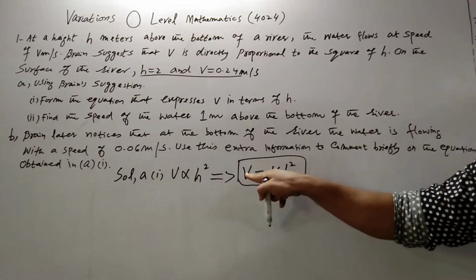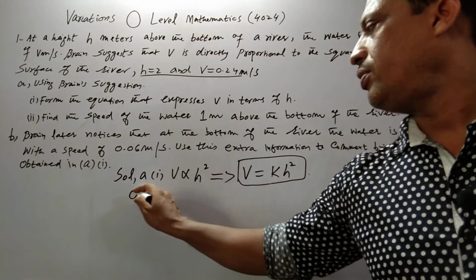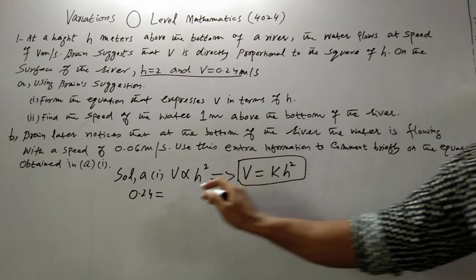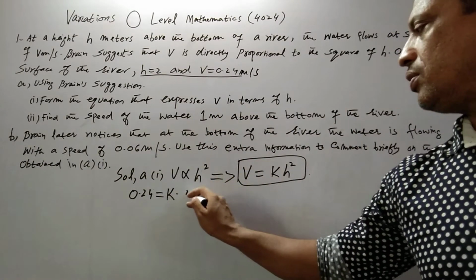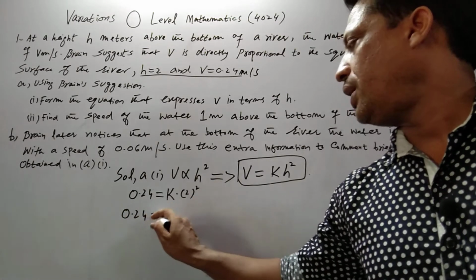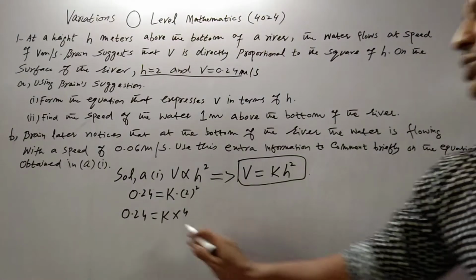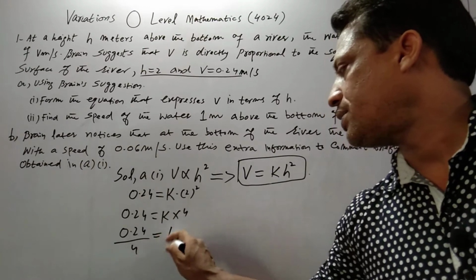So put v as 0.24, which is equal to k, which we have to find, times h square, 2 square. So 0.24 is equal to k into 4. 0.24 divided by 4 is equal to k.